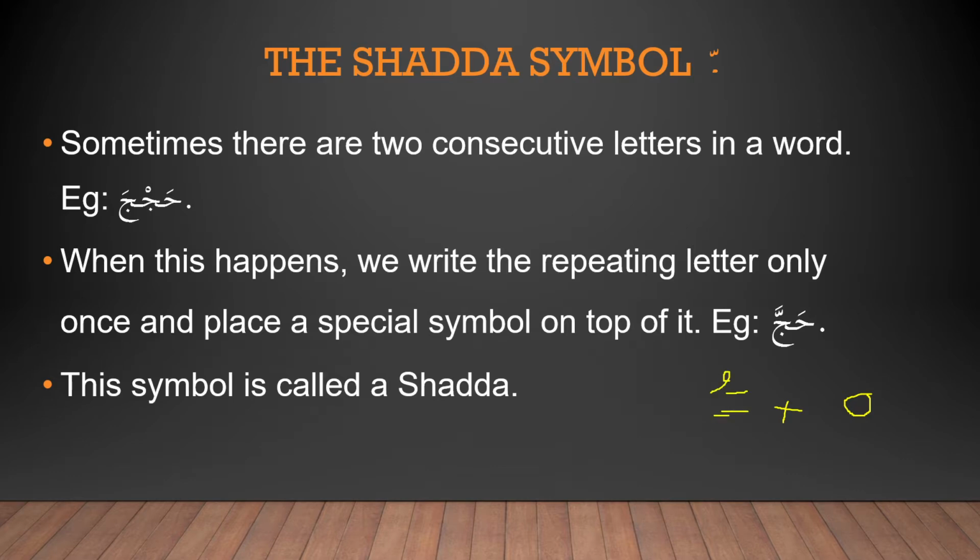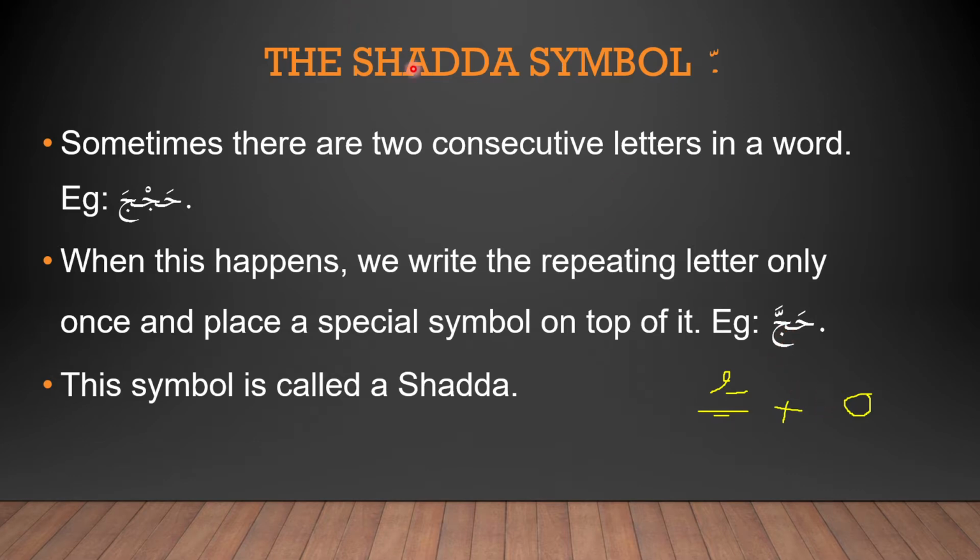So basically it's syllable type 3 plus syllable type 1. See, first it is Hajj. Till here it's syllable type 3. But when this Shadda comes and makes it Fatha, it's Hajja.